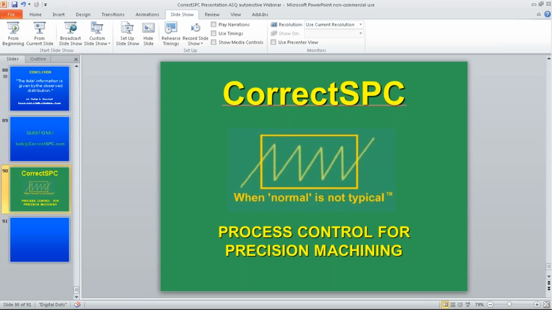And then on the other hand, if you have a lower spec with no limit up at the top, that's a very difficult calculation, because the one thing I do not use, and people often use, is either the CPU or CPL. The problem with that is it's using the wrong model. It's using the normal distribution, using half of it, and I don't recommend that.